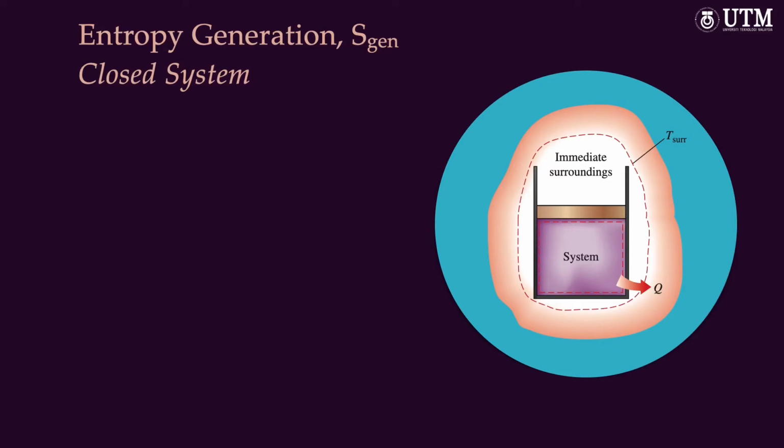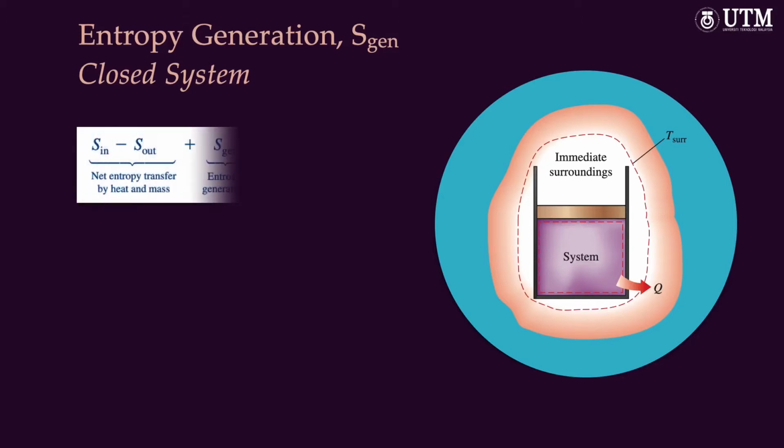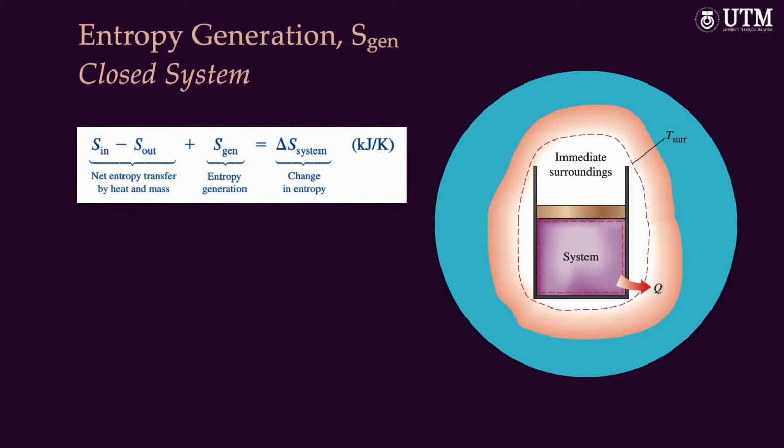A closed system involves no mass flow across its boundaries, and its entropy change is the difference between the initial and final entropies of the system.